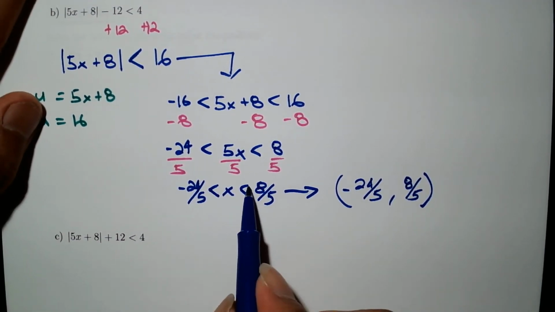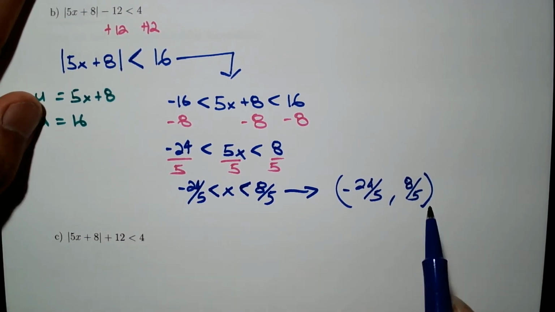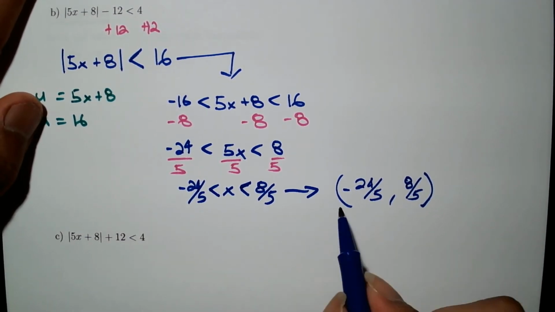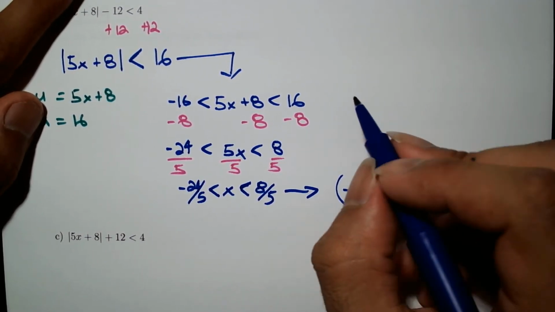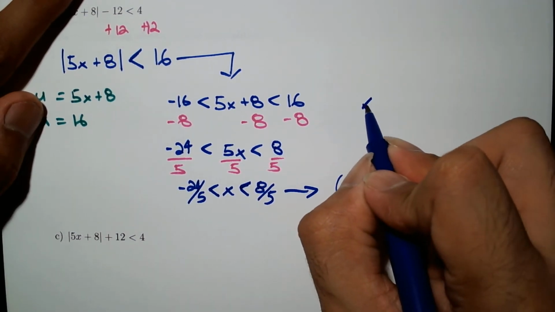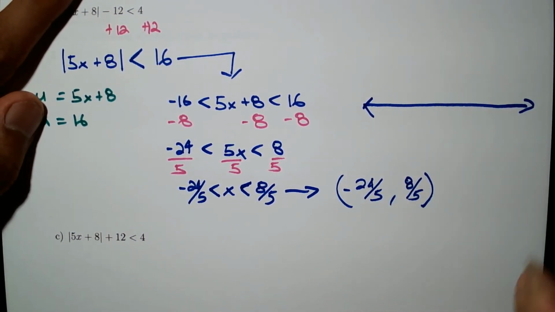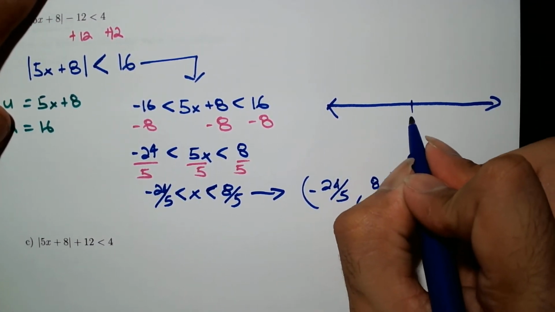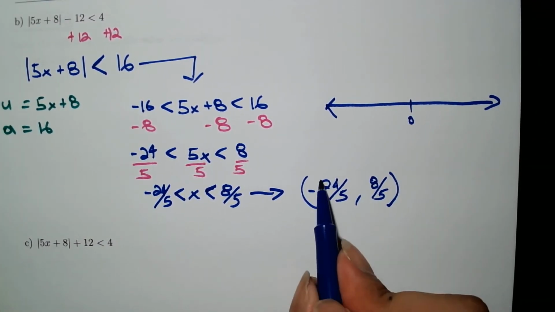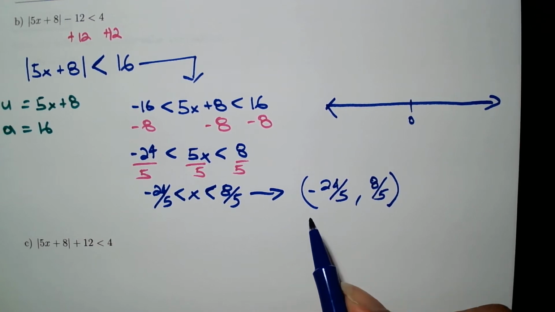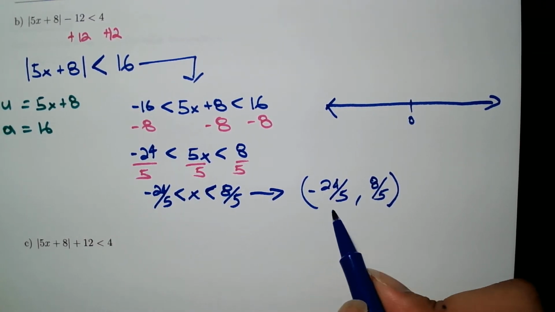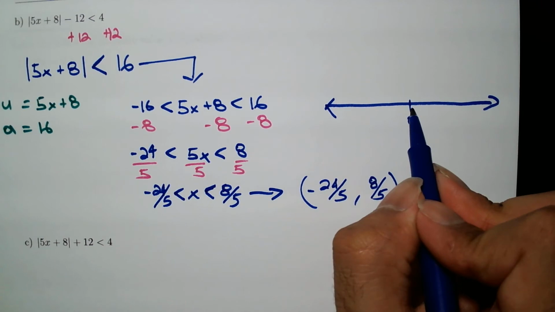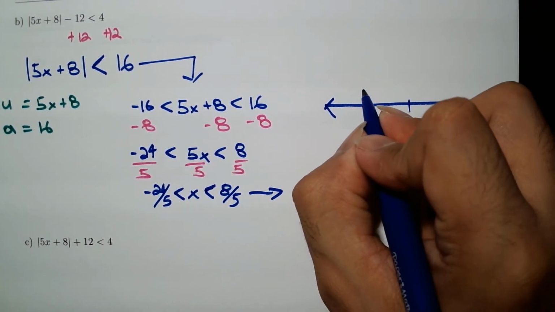And the reason why is because we only have less than, not less than or equal, so we don't include this. So in this case, to draw a graphic representation of this, your 0 is in the middle. That's always a good reference. Well, the negative 24/5, you don't even need to care how much that is in decimal, just as long as it's below 0, that is enough.